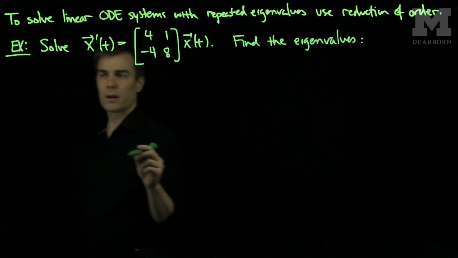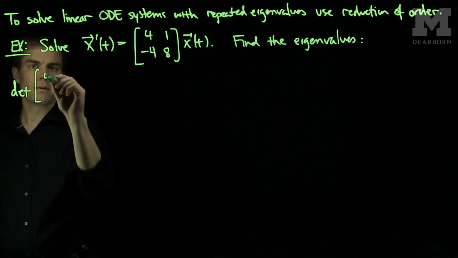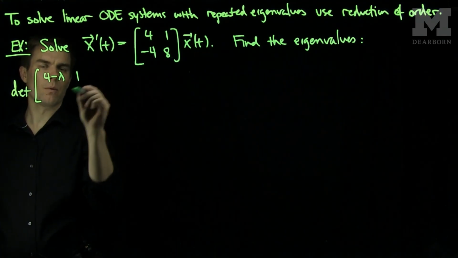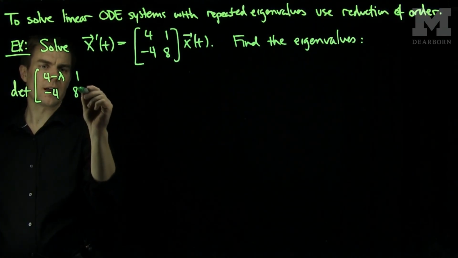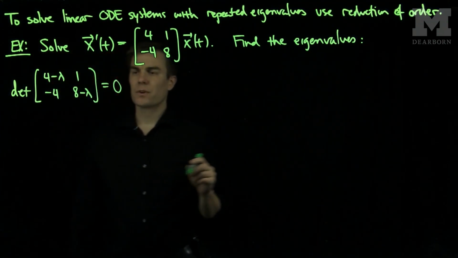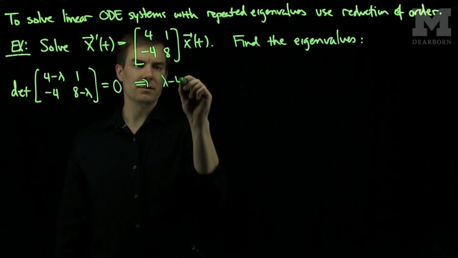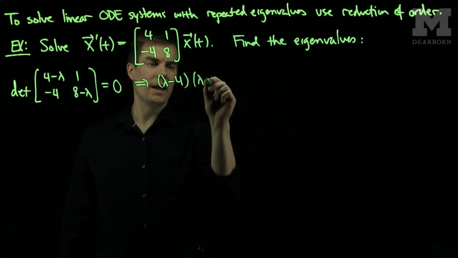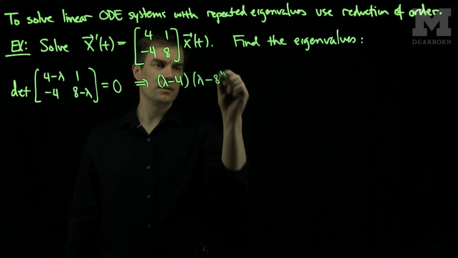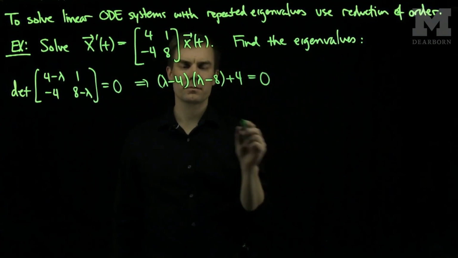So to find the eigenvalues, we'll compute the characteristic equation, determinant of 4 minus lambda, 1, negative 4, and 8 minus lambda is equal to 0. So if we simplify this, we will have lambda minus 4, lambda minus 8, plus 4 equals 0.